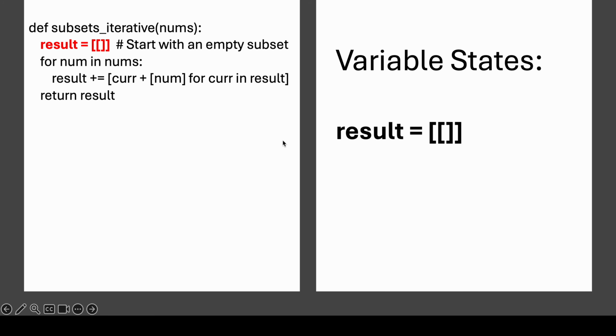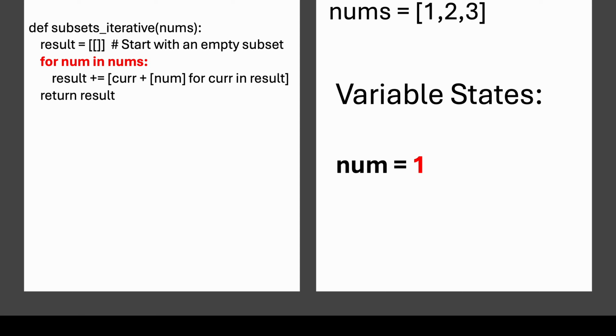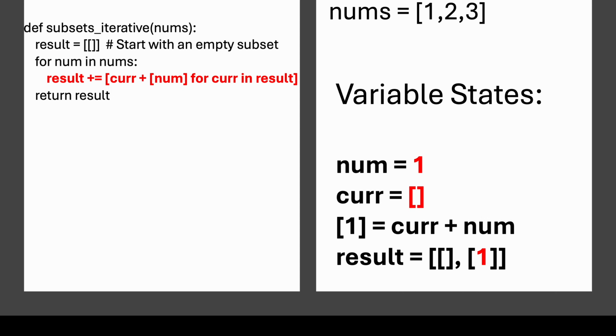All right, so let me give you an example walkthrough. So first we're going to initialize the result. Then we're going to go to num, the first number on the list. Now what we have here is current is the empty bracket, and we have num, which is just 1.